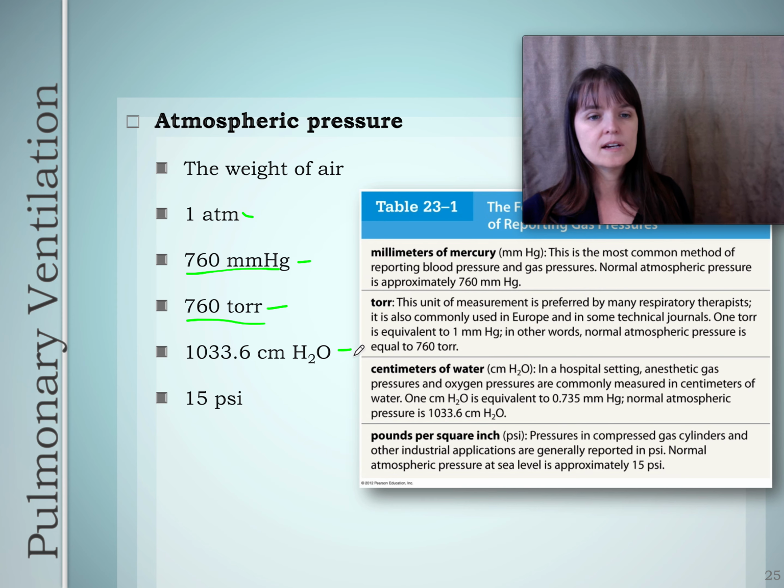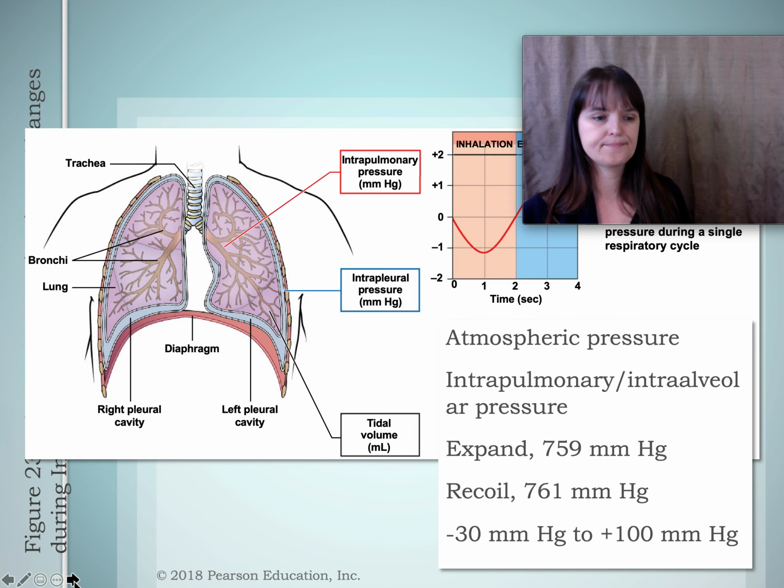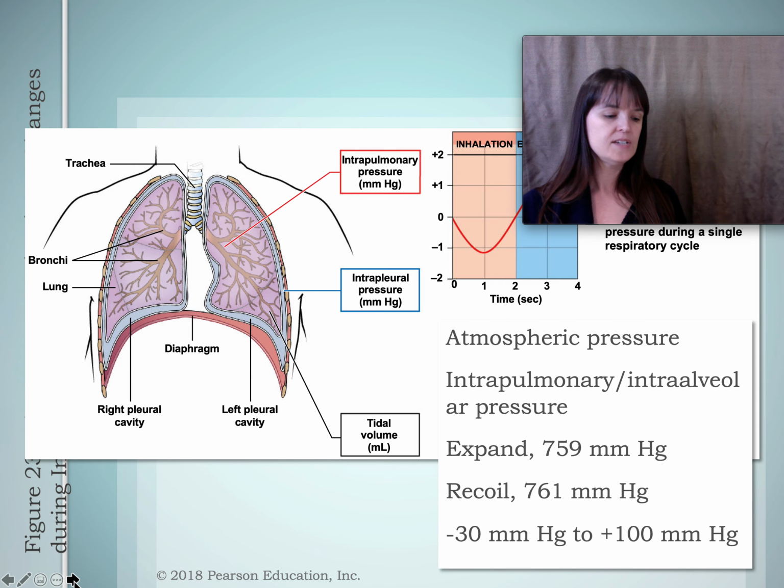You can also measure it as centimeters water, which they sometimes do. And then, of course, we're all familiar with pounds per square inch, and an atmosphere is roughly 15-ish.